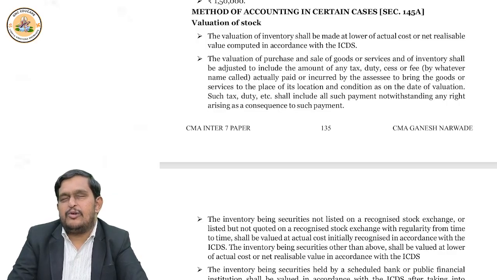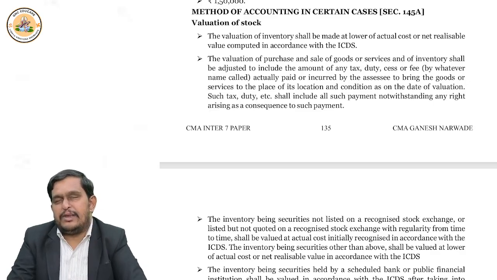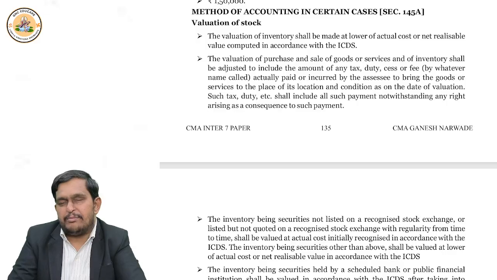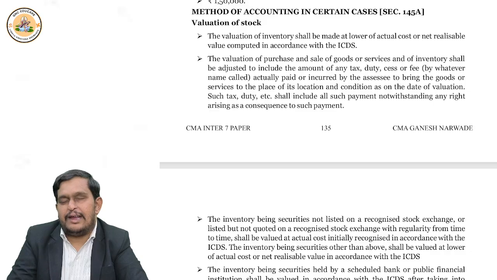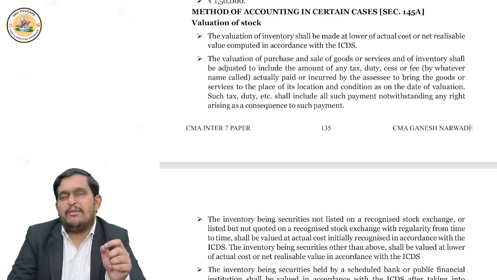So if you have securities which are not listed on the stock exchange, maybe a private limited company, maybe one-person company shares, like that we are talking about, or some company which is listed but not traded much, right? In that case, we call them unquoted shares, right?